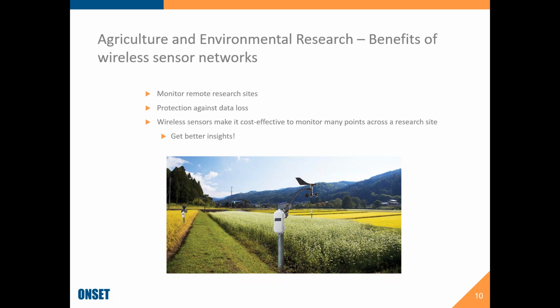And having wireless sensors gives you the added benefit that you can monitor many points across your research site cost effectively, and by monitoring more points you can get a better insight into what's going on out there. So hopefully get more out of your research.